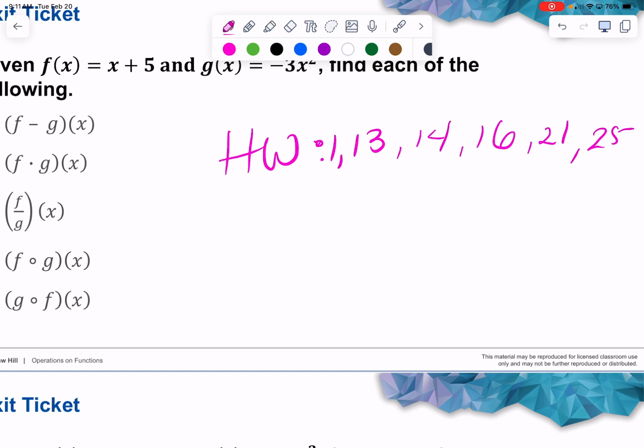So 1 comma 13, 14, 16, 21, and 25. Okay?